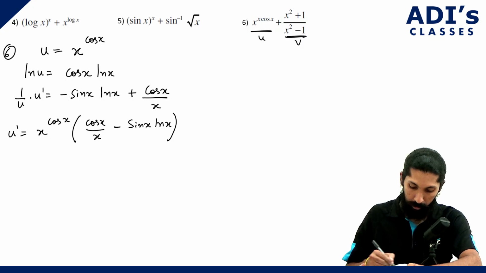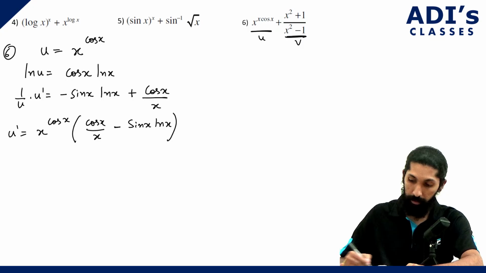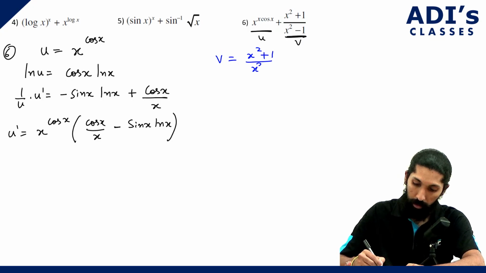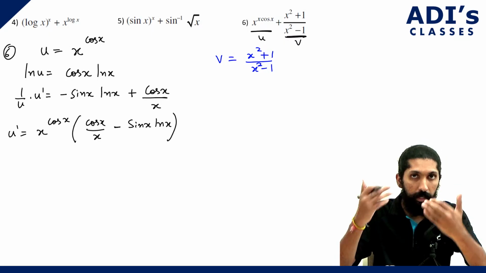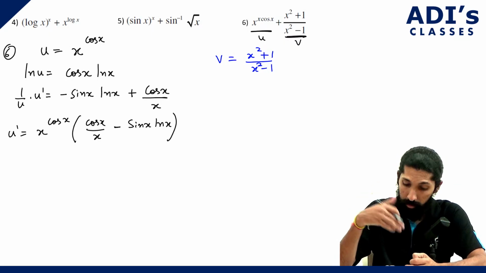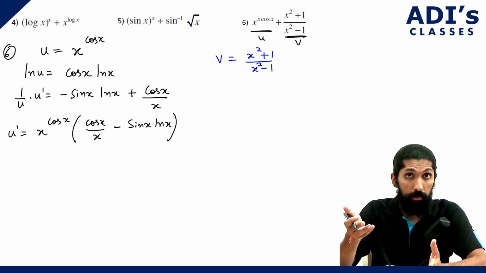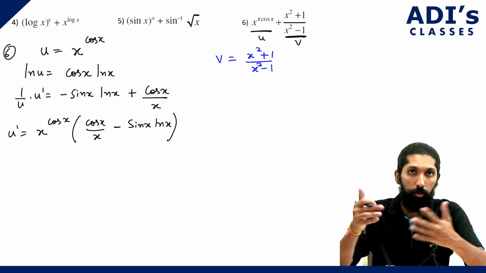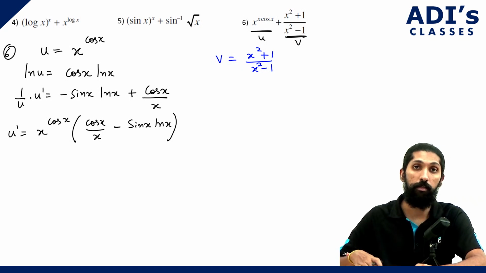Now we need to calculate v dash. For v dash, v is x square plus 1 by x square minus 1. Guys, you can take log. If you take log, it's going to become a minus, and things will become a lot easier. Or if you want to keep it in terms of the normal quotient rule, you can do it that way. But since this is logarithmic derivatives, I am going to take log.